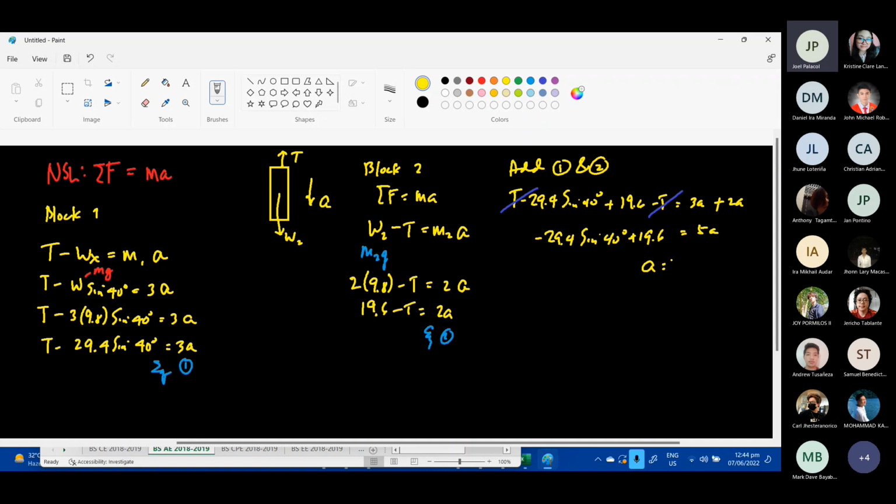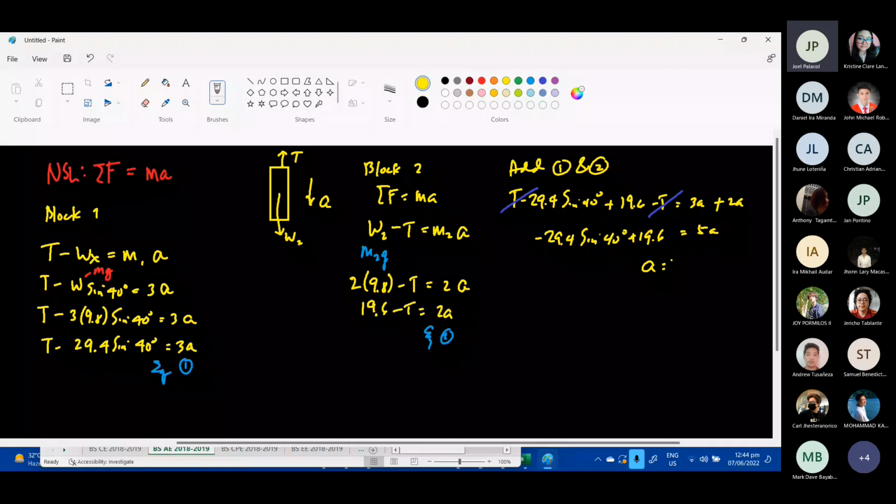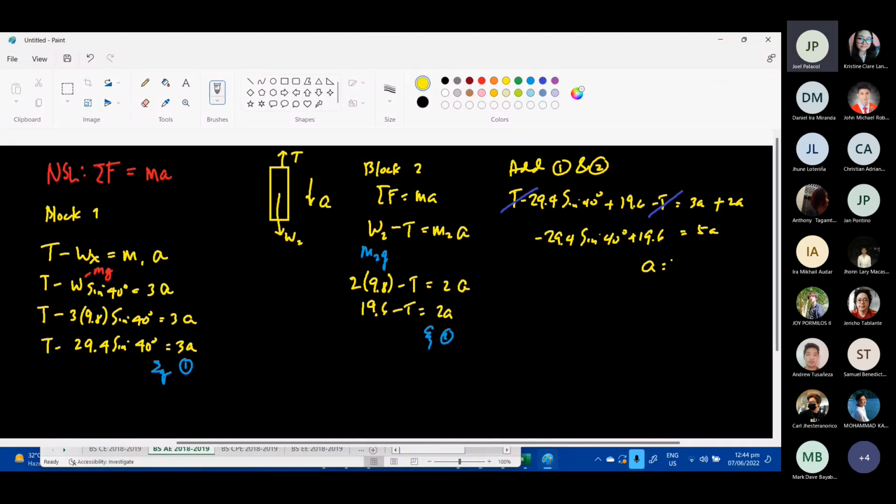And what did you get? What will be the acceleration? 0.14, sir. 0.14 meters per second squared.